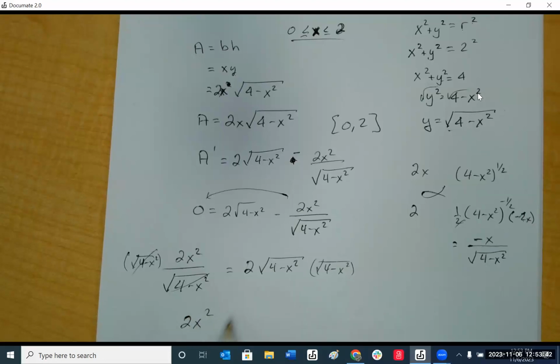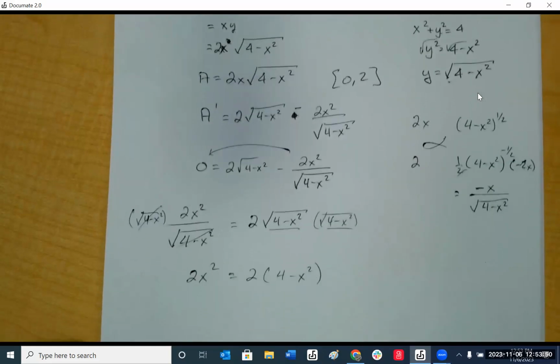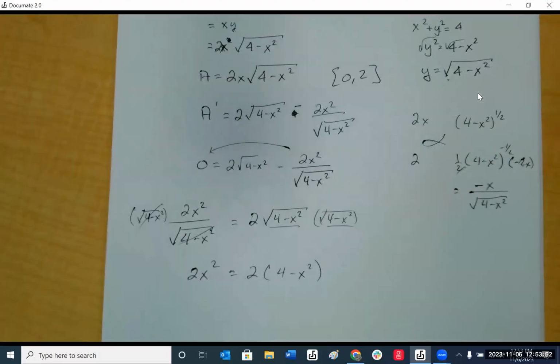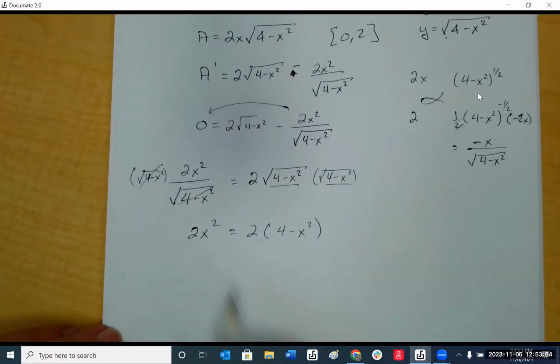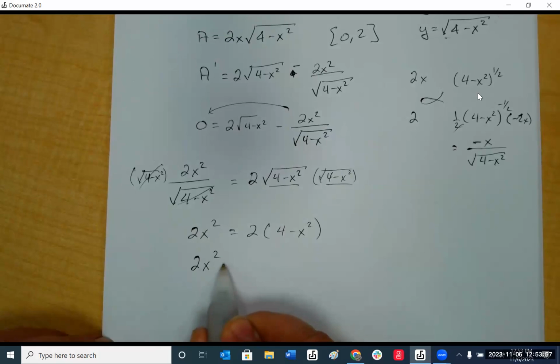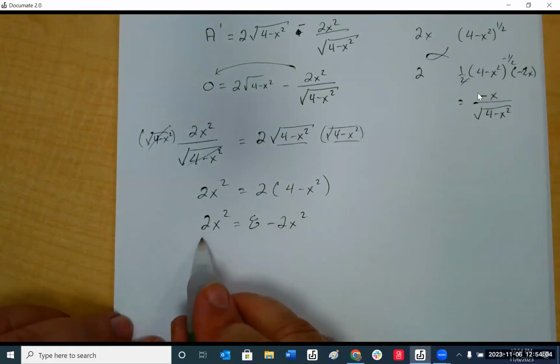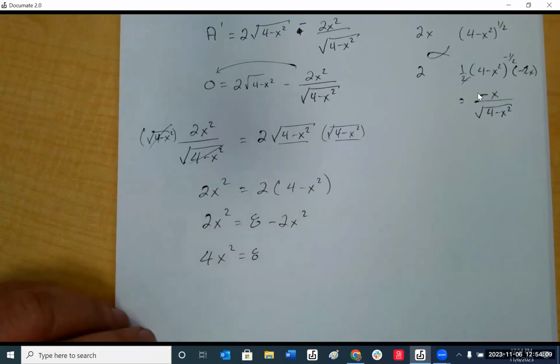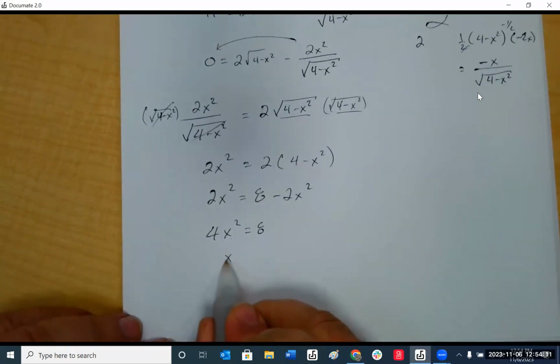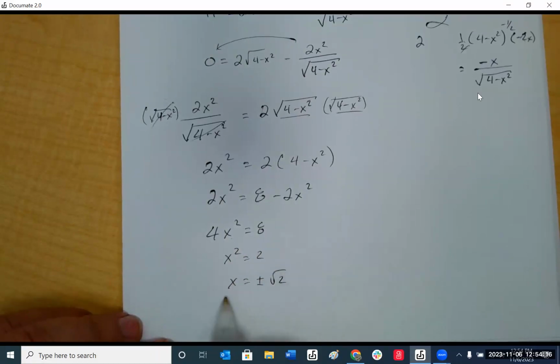So 2x squared equals 2 times 4 minus x squared, that gives 8 minus 2x squared. Four x squared equals 8. X squared equals 2. X equals plus or minus radical 2.